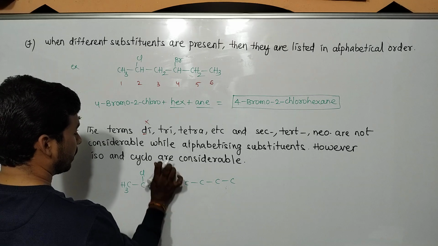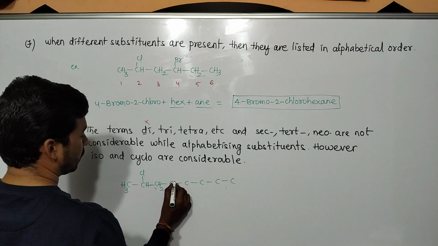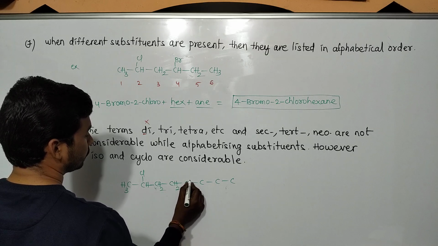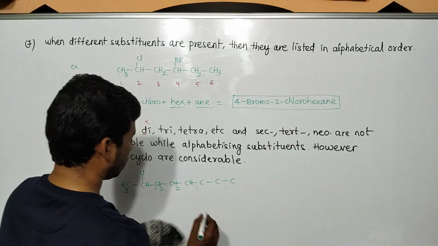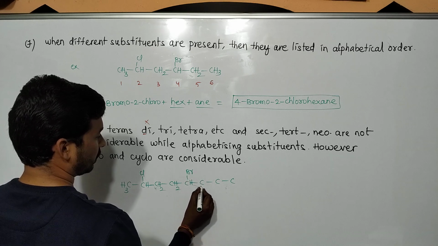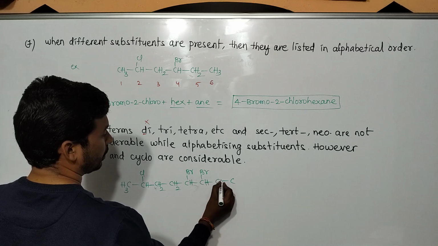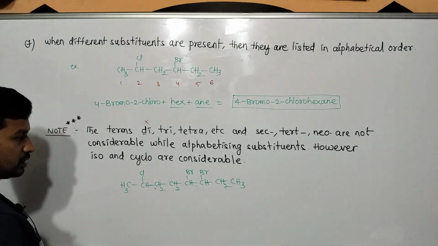Satisfy the valency of carbon with hydrogen: 2 bonds means 2 hydrogens, left to right. If you take 1 bromine like this, here 2 bonds means 2 hydrogens, 1 bond means 3 hydrogens. This is the compound.